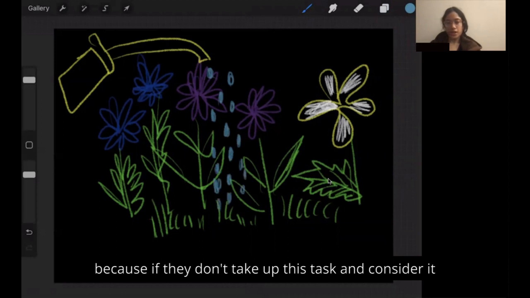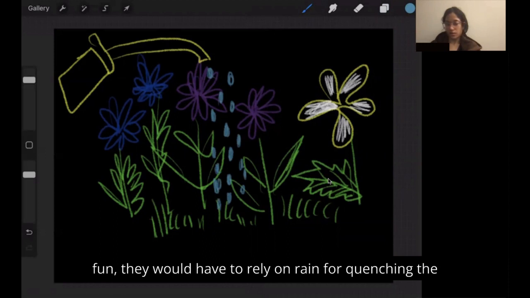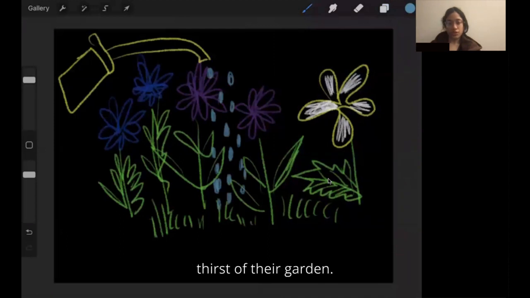because if they don't take up this task and consider it fun, they will have to rely on rain for quenching the thirst of their garden.